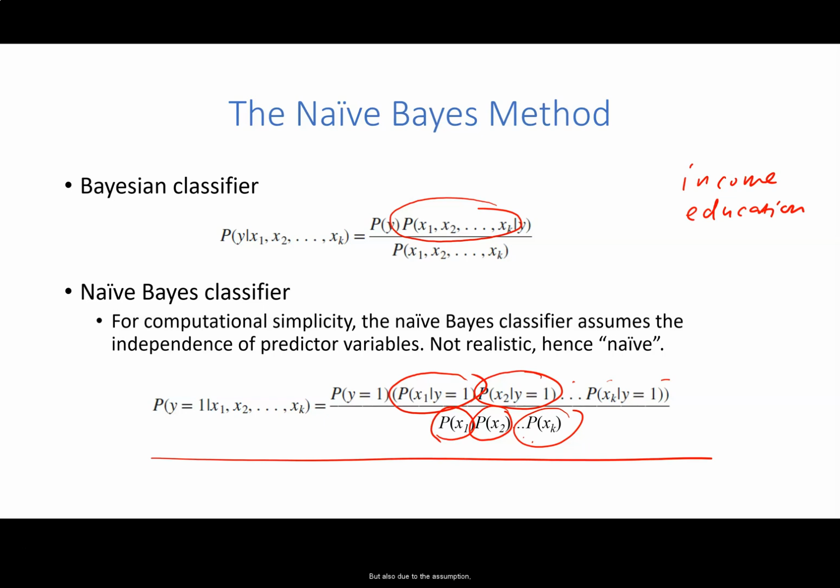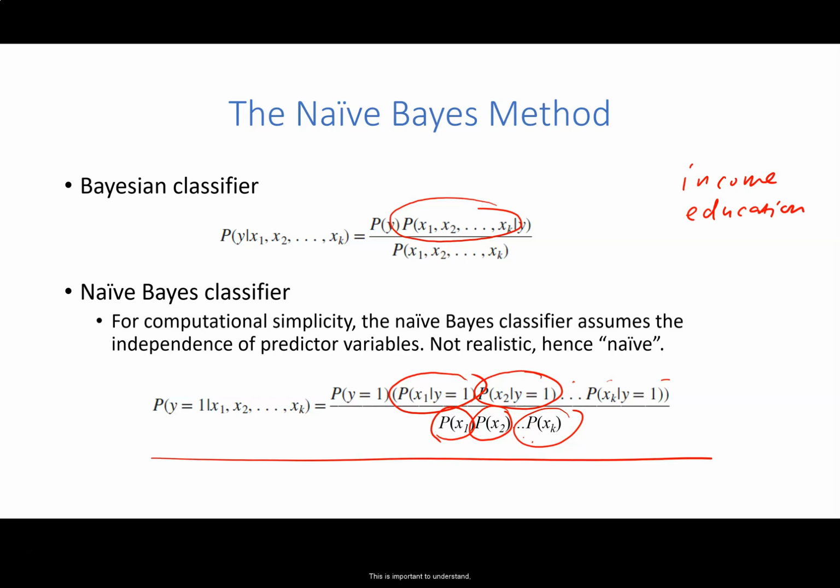But also due to the assumption, using naive Bayes to predict probability values directly may not lead to very accurate probability values, as you see in the traditional Bayesian classifier. But using the predicted probability to rank the cases in terms of their likelihood of belonging to the target class would actually lead to quite accurate results.